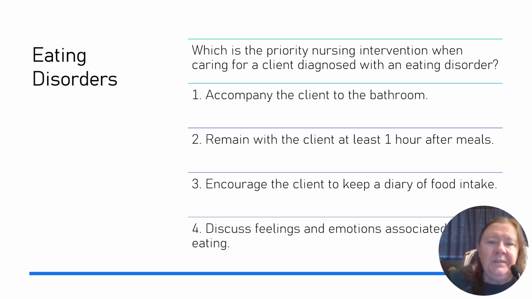Number 1, accompanying the client to the bathroom. Number 2, remain with the client at least 1 hour after meals. Number 3, encourage the client to keep a diary of food intake. And number 4, discuss feelings of emotions associated with eating. I'll give you a minute and we'll come back and talk about this one.